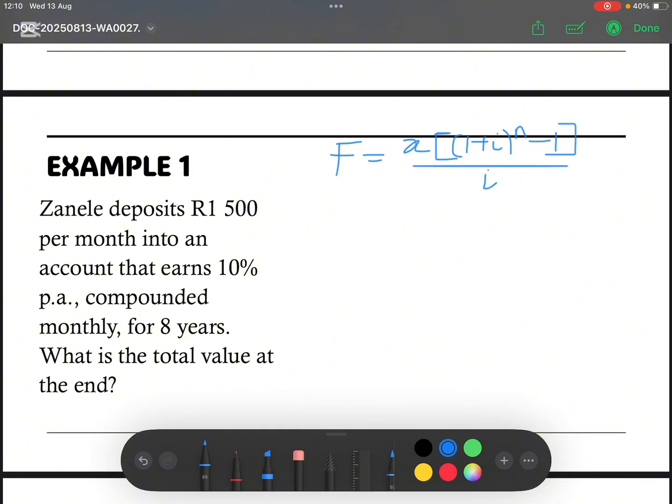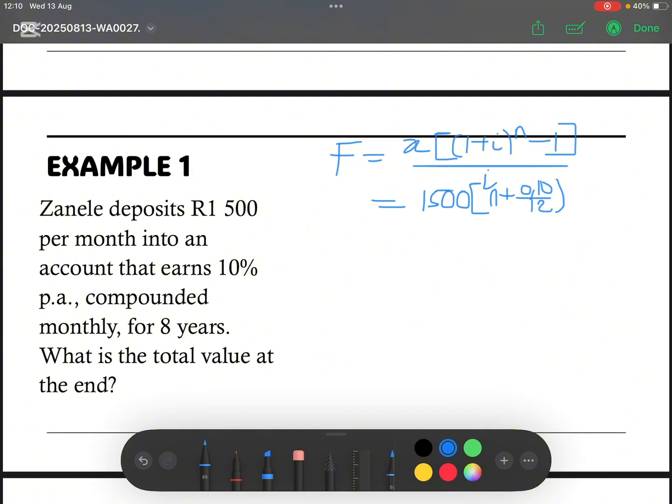So what is the monthly installment? The monthly installment, that is your value of X. So Zanele was depositing 1,500 every month. 1,500 times (1 plus the interest rate, that will be 0.10, and then that is compounded monthly, so you will divide that by 12). And then now what is your N? Your N is the number of payments that you have made.